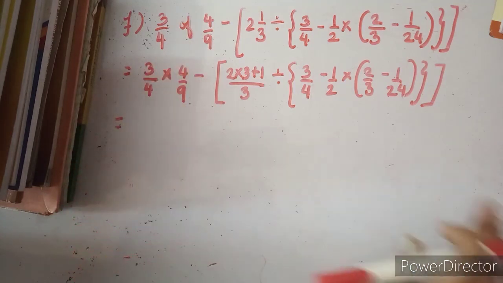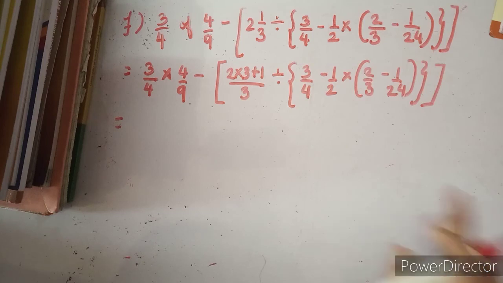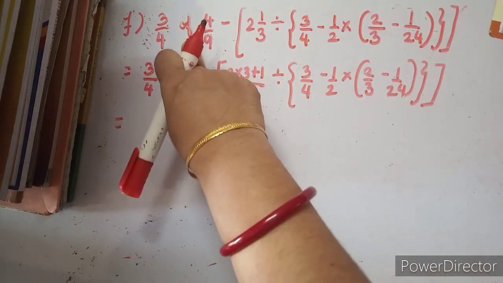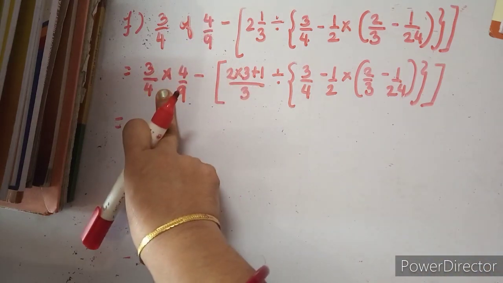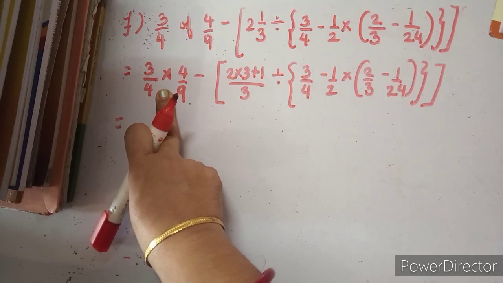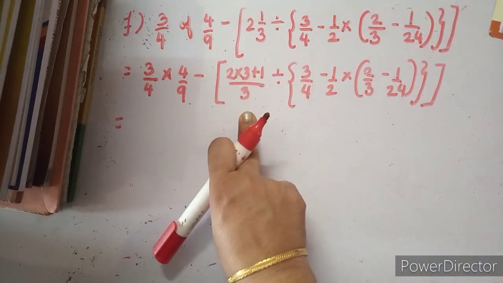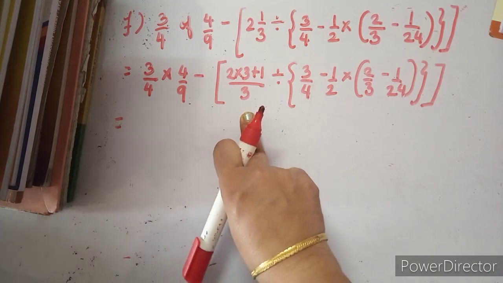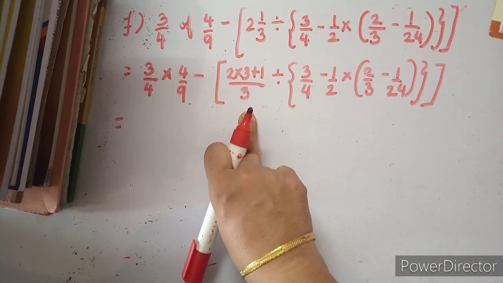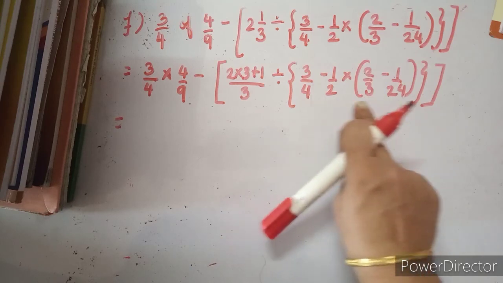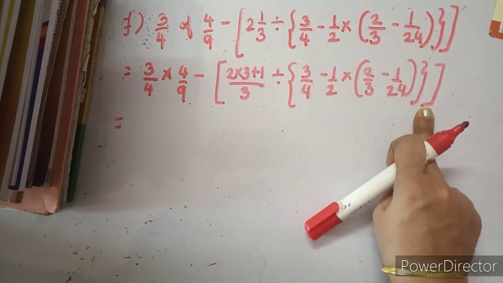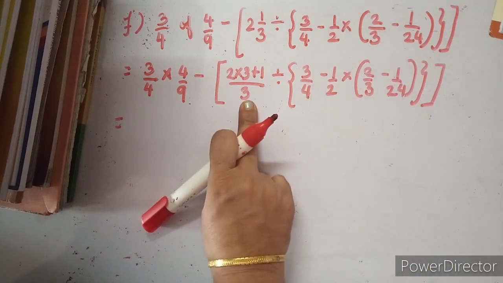So in the second step what I did is, instead of of, I have written the sign, that is multiplication, and here I have changed the mixed fraction into improper fraction and I have written all other numbers as it is. Okay, so let us go for this thing.